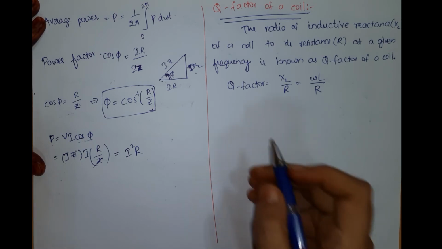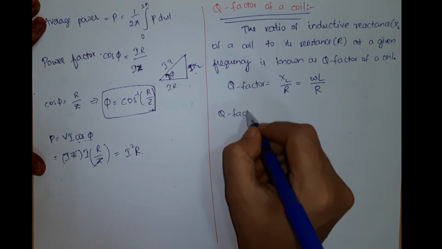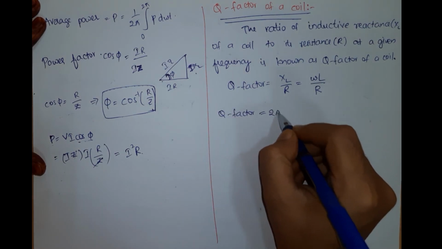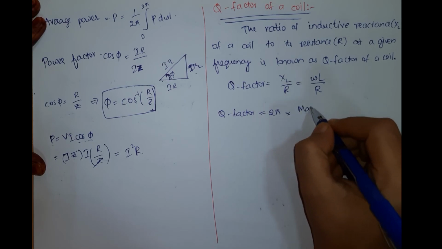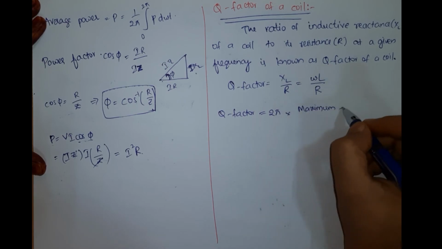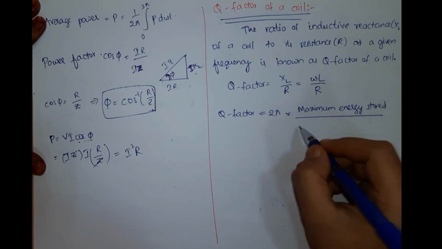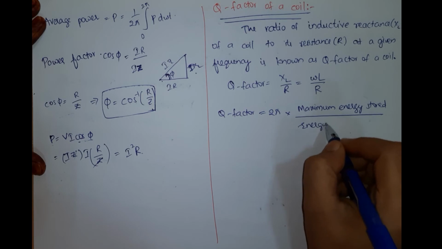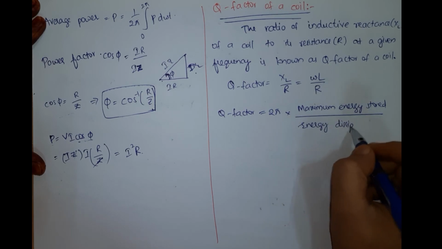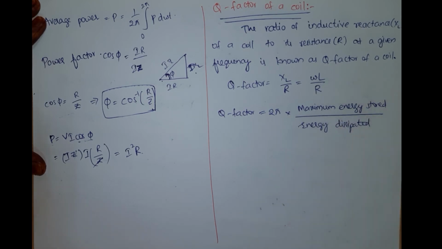This quality factor can also be given as Q equals 2 pi into the maximum energy stored divided by the energy dissipated. So it is a measure of how far it is able to store energy. Now let us look at a problem to be clear with all these parameters that we have learned.